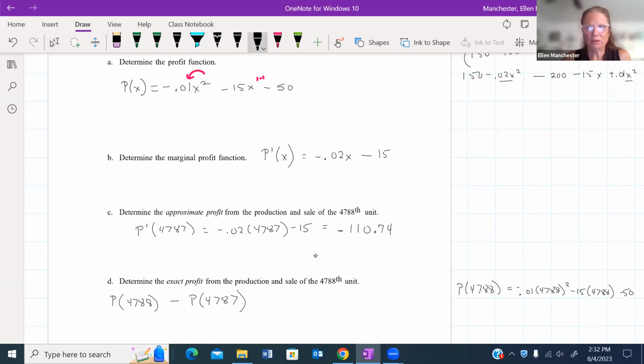Oh, and it's negative. So it's a negative 229,249.44. 15 times 47.88.